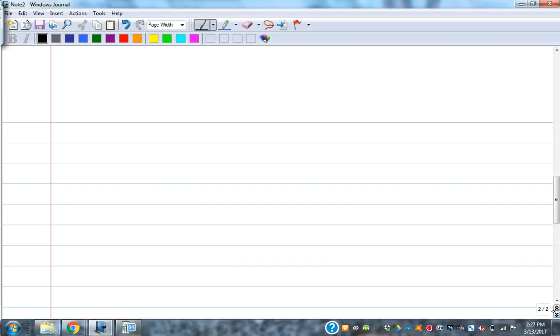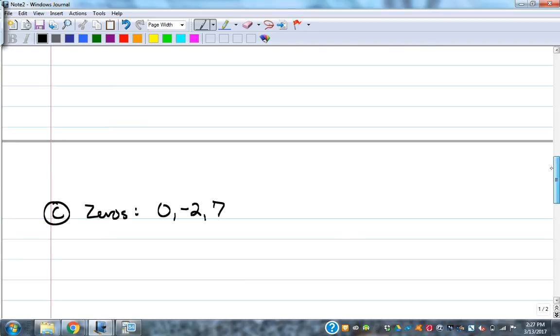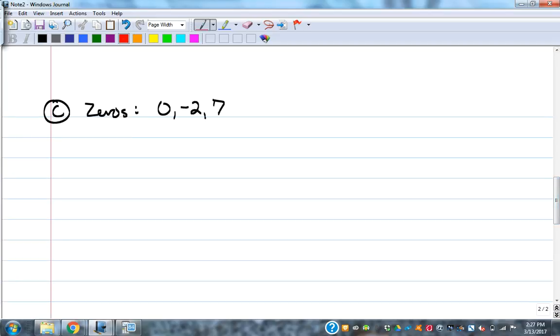Let's look at this one. Zeros: 0, -2, 7. Let's see. What's the factored form?